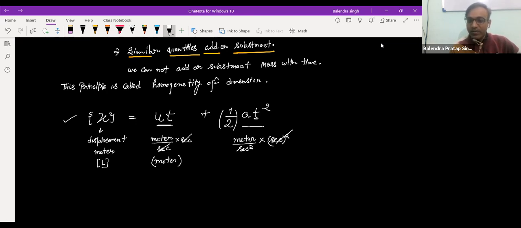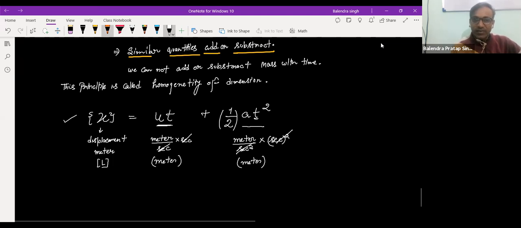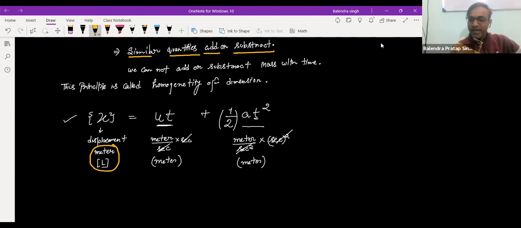So second square cancels out, and the unit of this term is meter. So as you can see, on the left hand side the term x has unit meter, and on the right hand side the first term ut has unit meter, and the second term, half at square, is again unit meter.